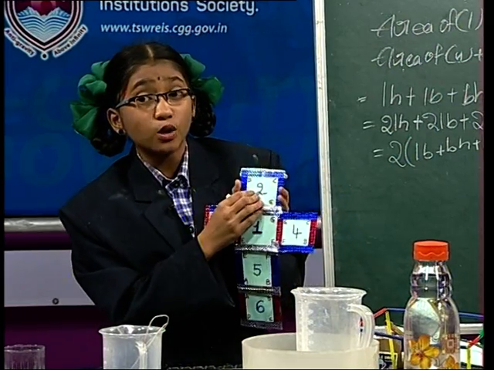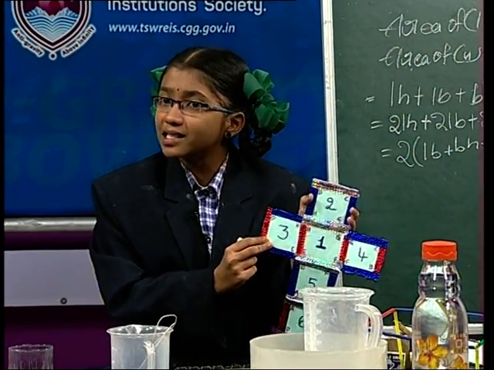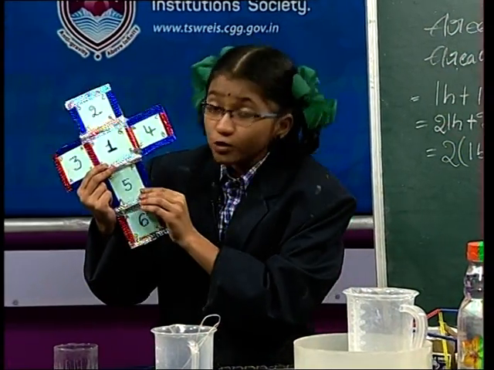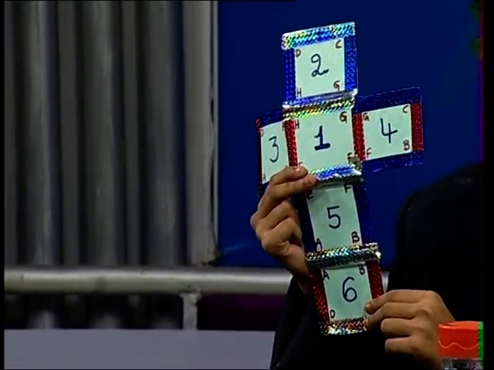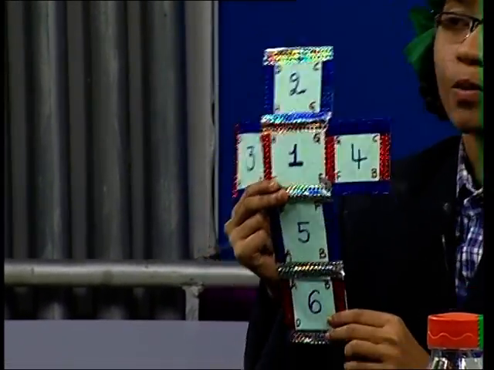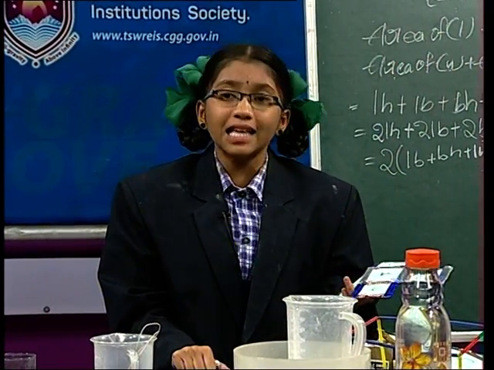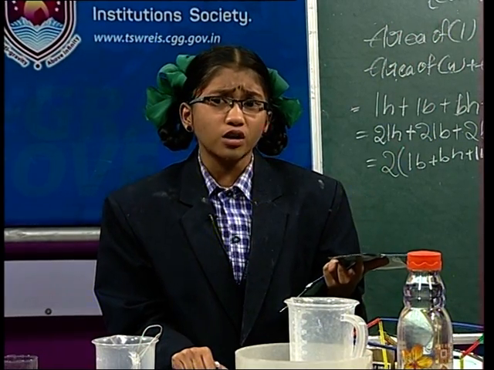Second face, L into L, L square. Third face, L square. Fourth face, L square. Fifth face, L square. And sixth face, L square. So, adding these 6 L squares, we get 6L square. Do you have any doubt? We get our formula, that is 6L square.